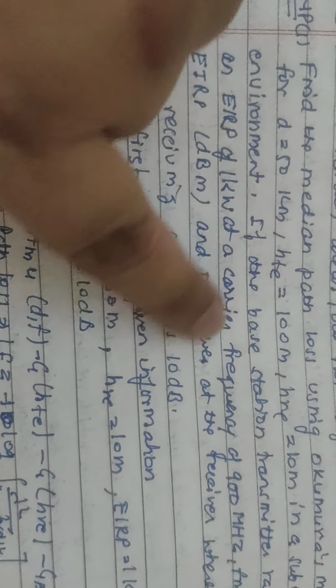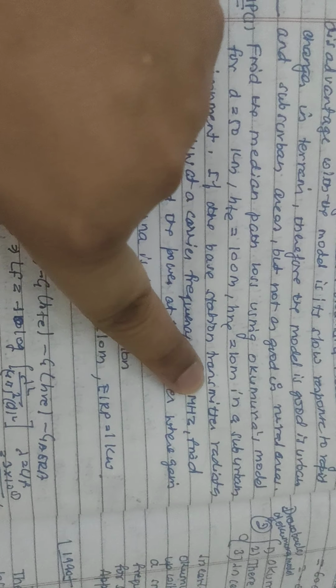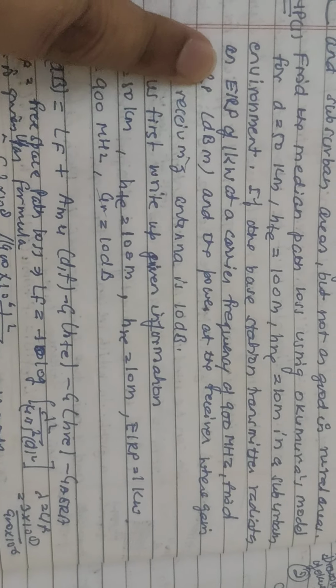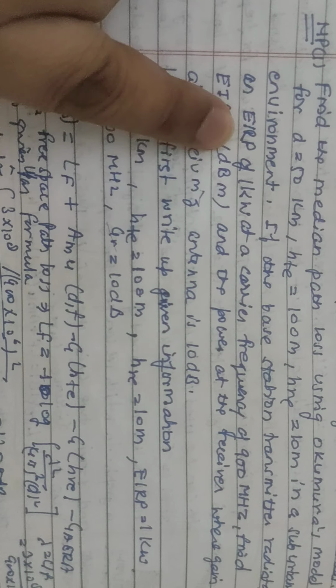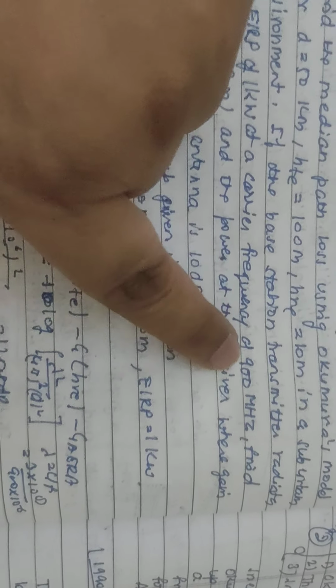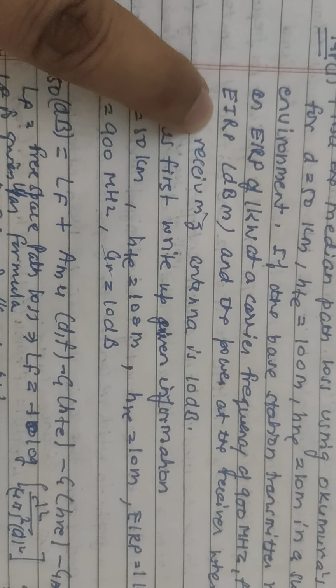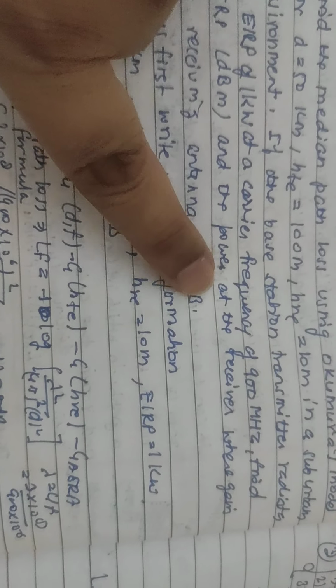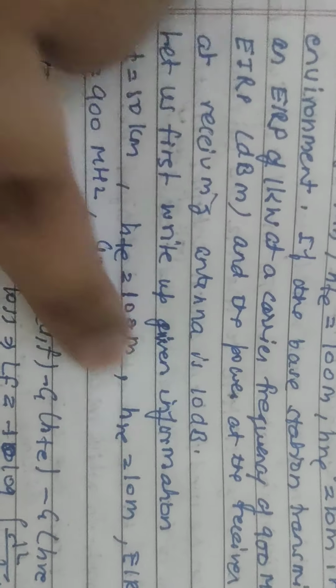If the base station transmitter radiates an EIRP of 1 kilowatt at a carrier frequency of 900 megahertz, find the EIRP in dBm and the power at the receiver where the gain at the receiving antenna is 10 dB.